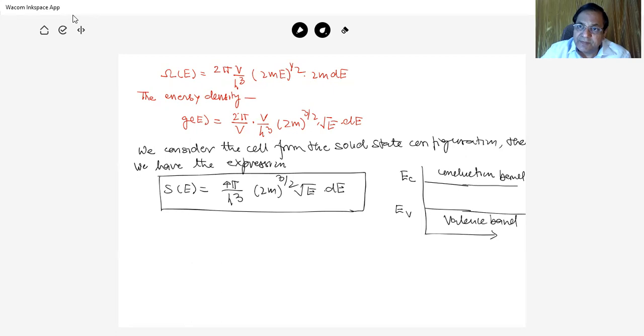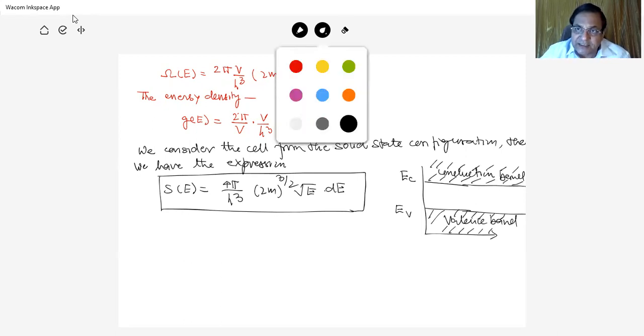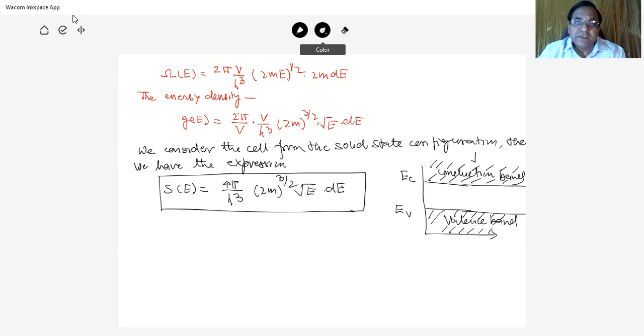So in conduction and valence band, there is a slight modification in the energy concept, and that modification is expressed as, in case of conduction, under root of E minus EC, and in case of valence, there is a modification, EV minus E. So this is the upper limit of valence, and this is the lower limit of conduction.